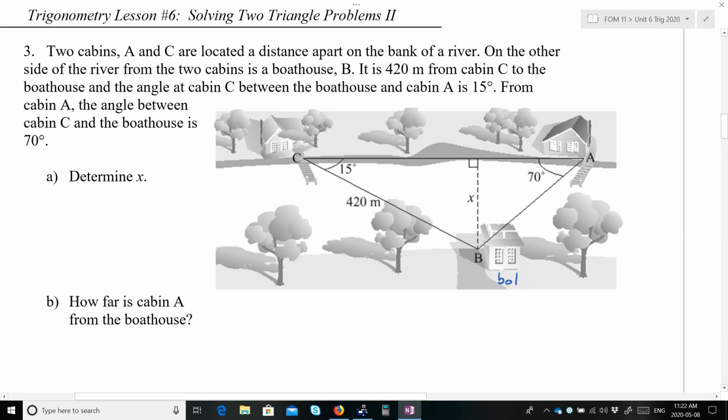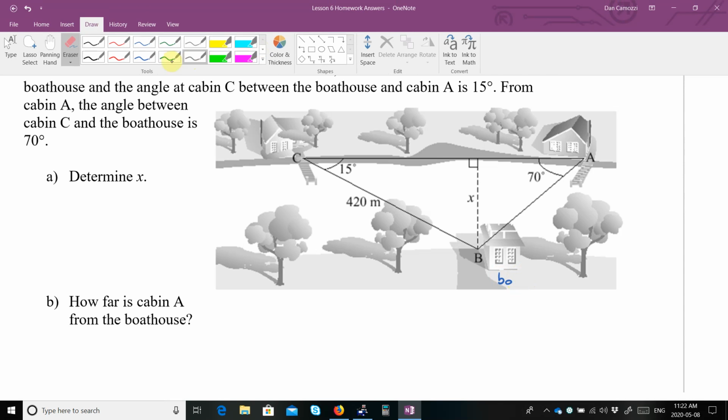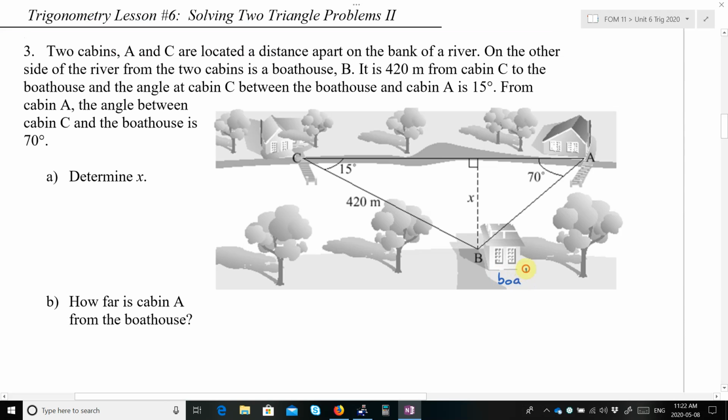Okay, so this is the boathouse over here, boathouse B. It is 420 meters from cabin C, as shown in the diagram, to the boathouse, and the angle at cabin C between the boathouse and cabin A is 15 degrees. From cabin A, the angle between cabin C and the boathouse is 70 degrees.